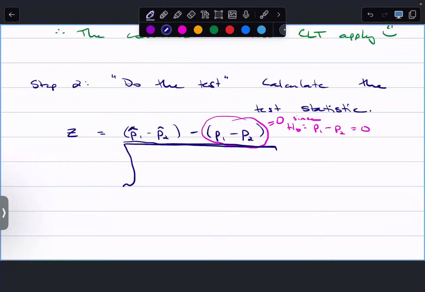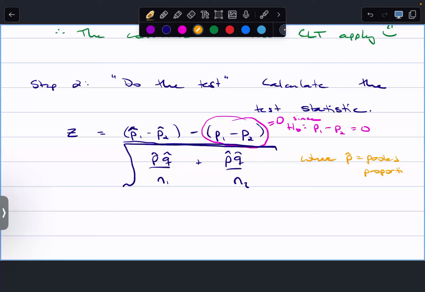So it's going to look like this: P hat Q hat over N1 plus P hat Q hat over N2, right? And I'll just highlight where P hat is the pooled proportion.